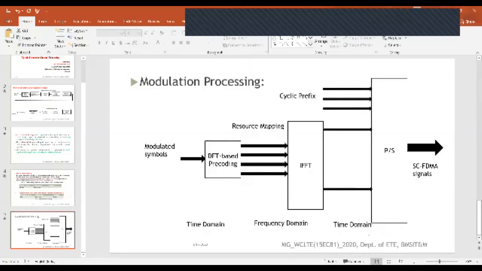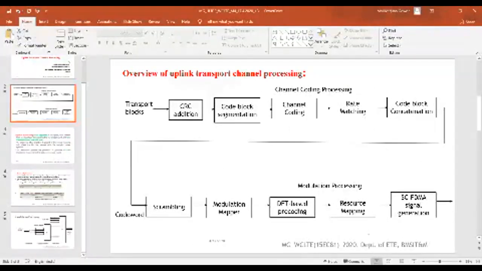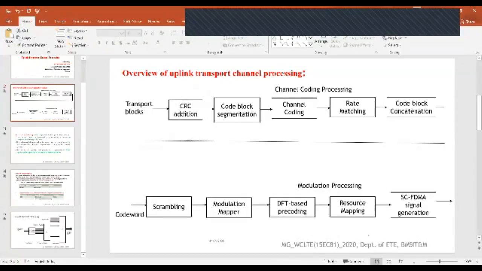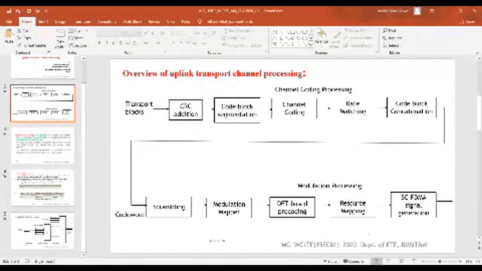If you have undergone module 3 properly, then almost 70% of your job is done for module 4. Not even 70%, I think almost 80%, because almost all the channel coding processing blocks are the same. Only in the modulation processing, the last block is different, that is SCFDMA generation. Even that we have discussed many times. So if you have any particular question on this topic, you can ask me.